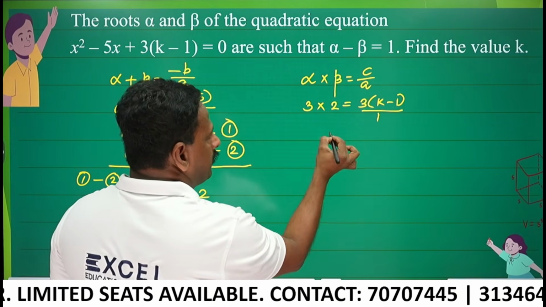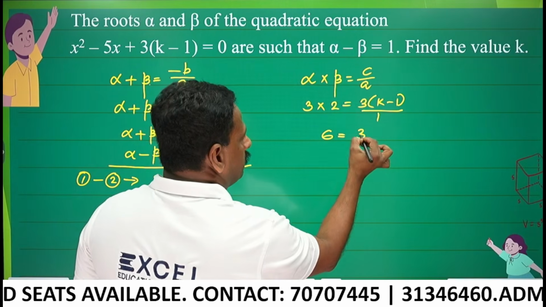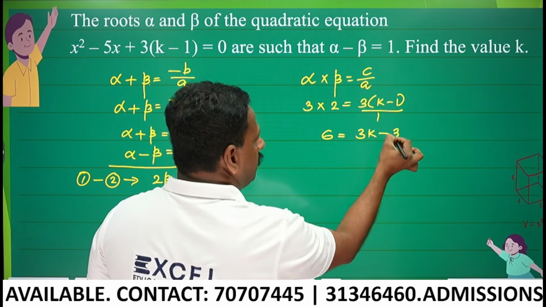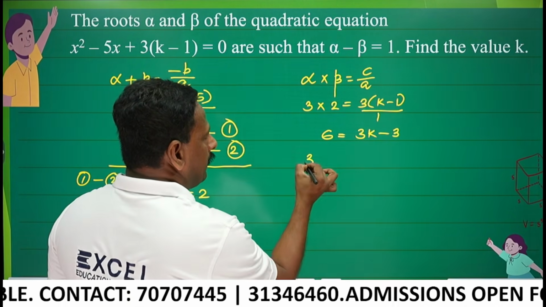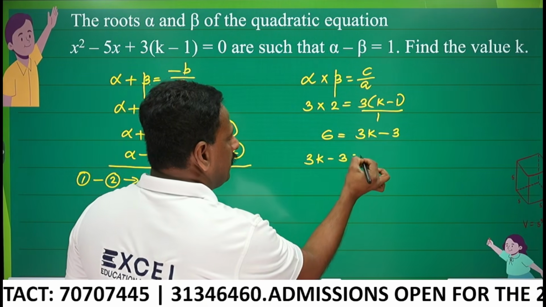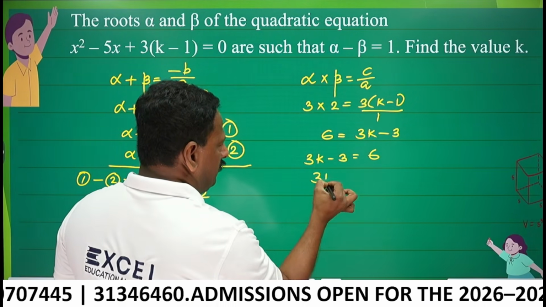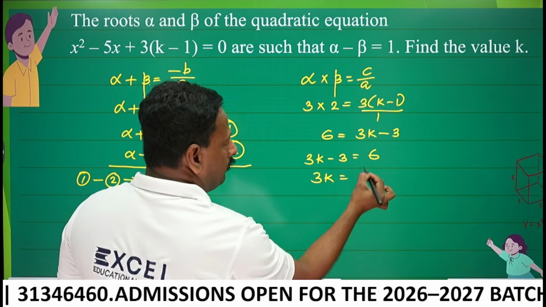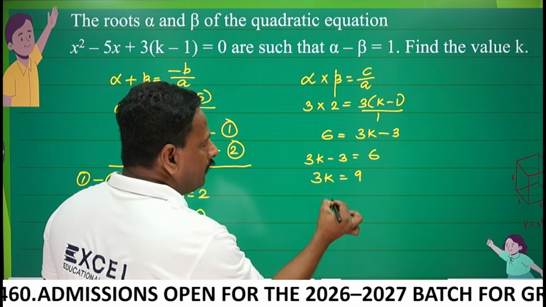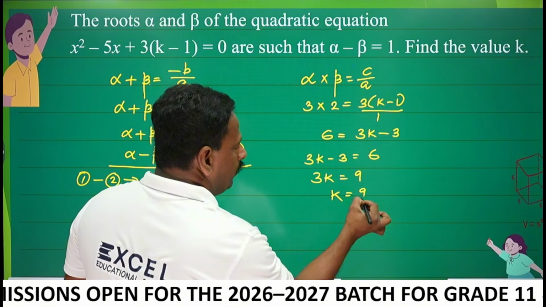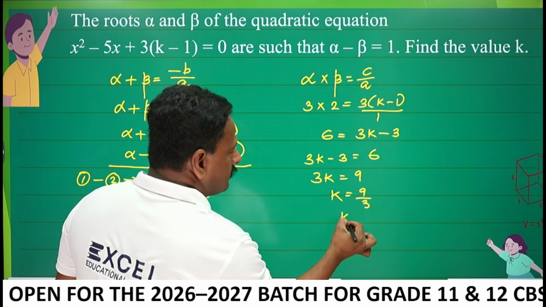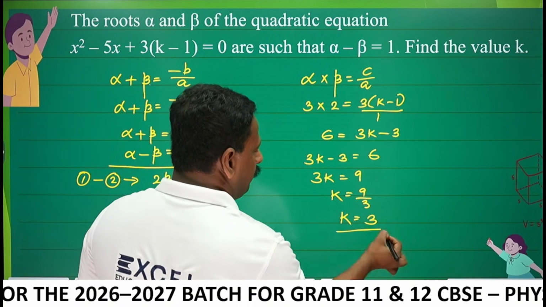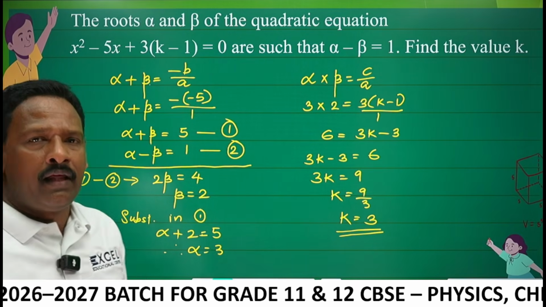So what you got is 6 is equal to 3k minus 3. That is 3k minus 3 equal to 6. 3k equal to 6 plus 3, that is 9. So k is equal to 9 by 3, that is k is equal to 3. So we got the value of k as 3.